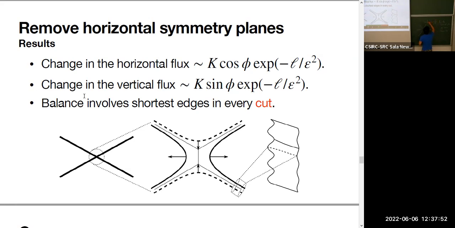Then we have this distance being L, and then they have a phase difference phi in the z direction here. And epsilon squared was initially 0, so it is the node opening parameter, the family parameter. And the change in the vertical flux: again, I have this k, I have a sine phi, and I have the exponential again.